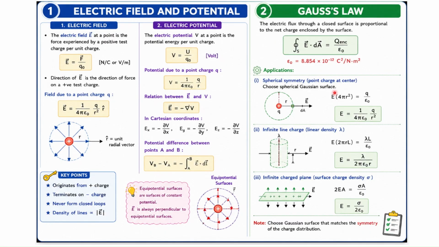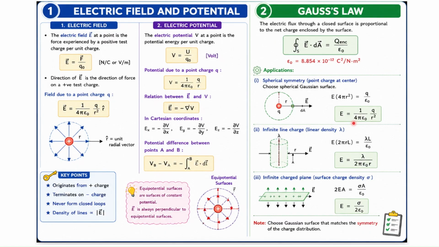Isolating E, we get E equals 1 over 4 pi epsilon naught times Q over r squared. So we can derive Coulomb's law directly from Gauss's law in a few simple lines of algebra.